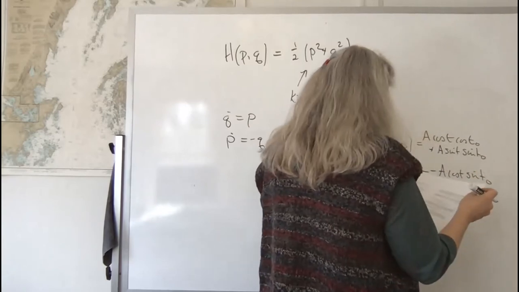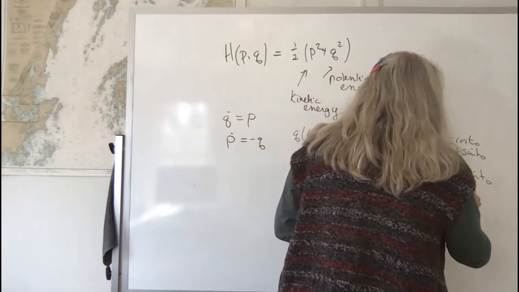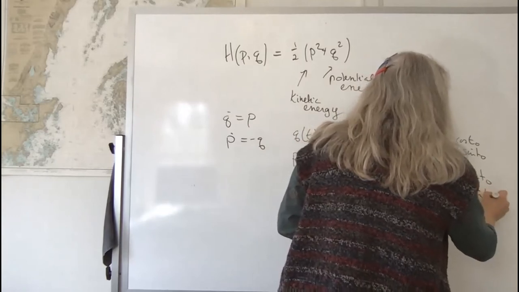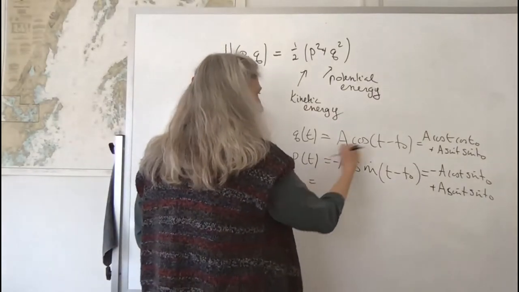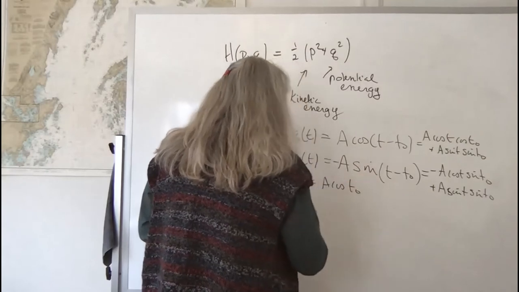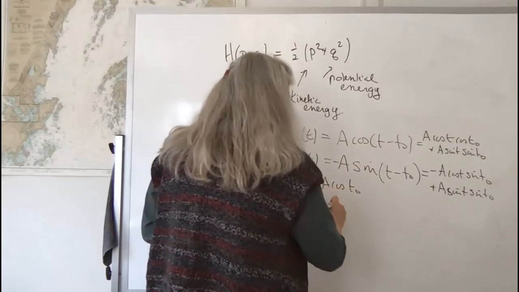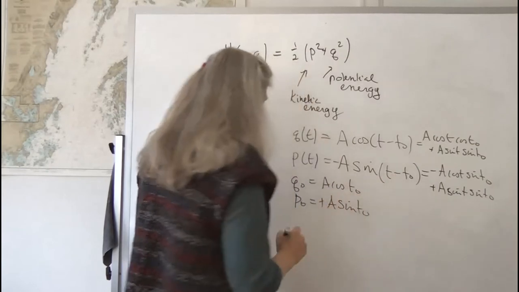Let's see if I get the signs right, plus a sine of T cosine of T0. Q of 0 is equal to A cosine of T0. P0 is equal to minus A sine of T0. Oh wait, the signs can spell that.